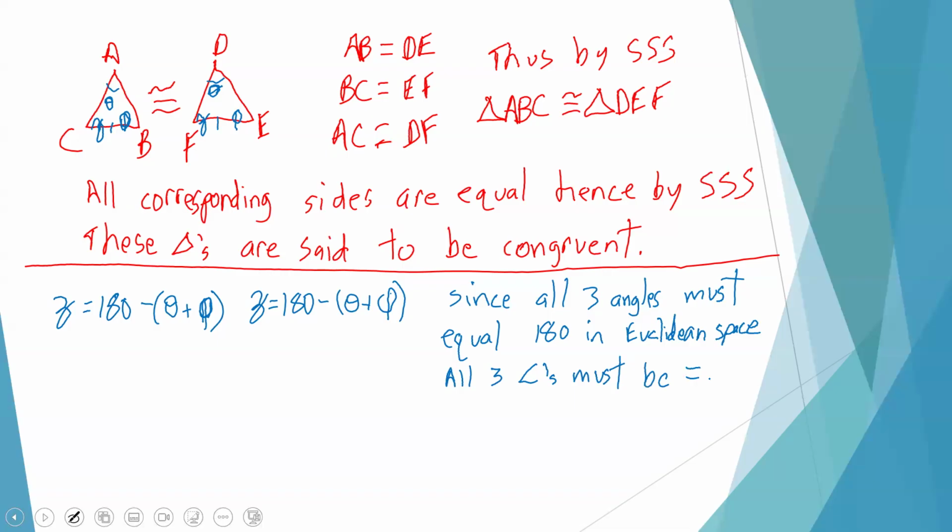So this would mean we would have angle A is equal to angle D, which I labeled as theta, and angle B is equal to angle E, which I labeled as phi, and angle C equals angle F, which I did as gamma.